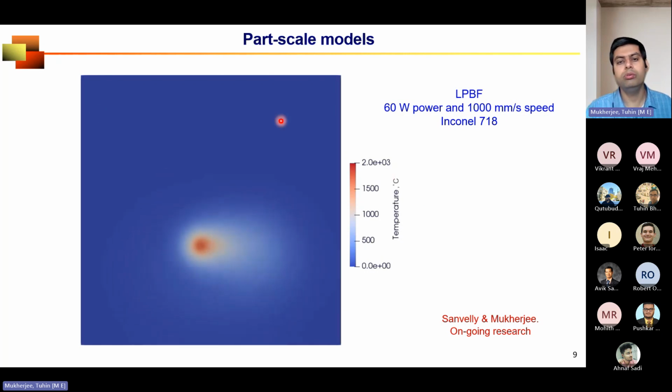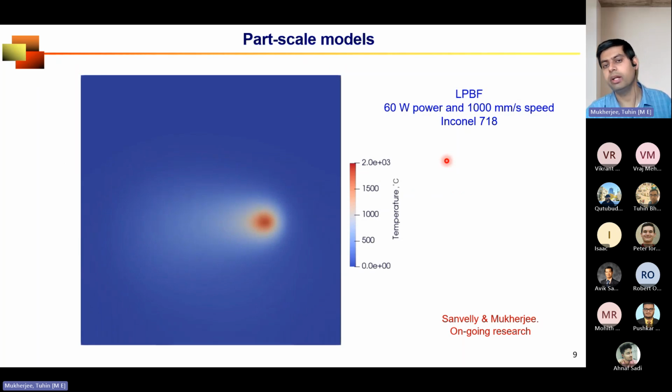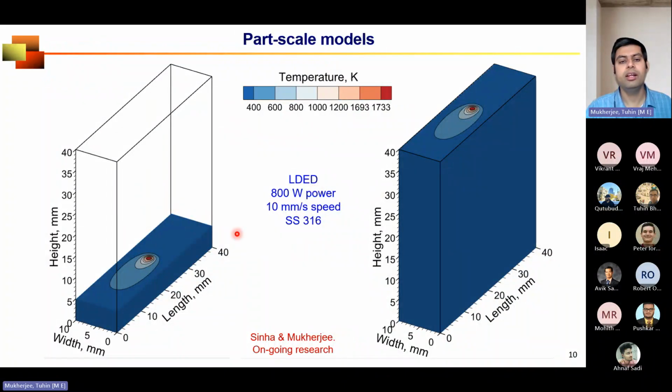And if you want to do a whole scale, part scale model, you need to do a complex, time consuming numerical model. Similar thing is true for laser DED. You are making a rectangular block with many layers and many tracks. So sometimes these codes take multiple days to run in order to get a complete picture of what's happening during the manufacturing process.